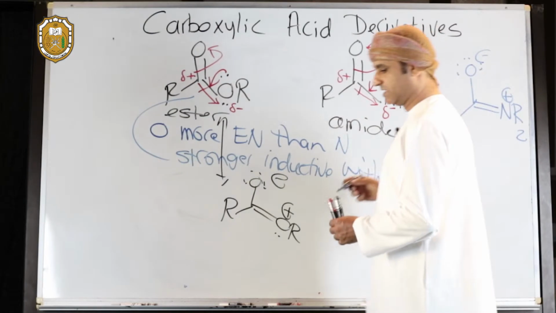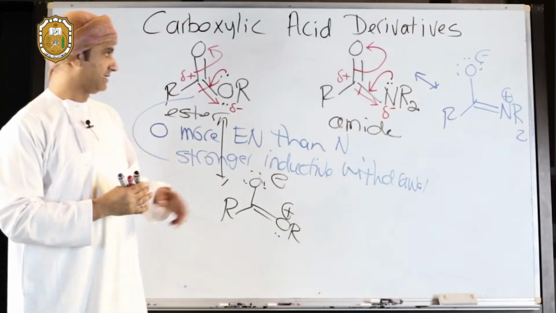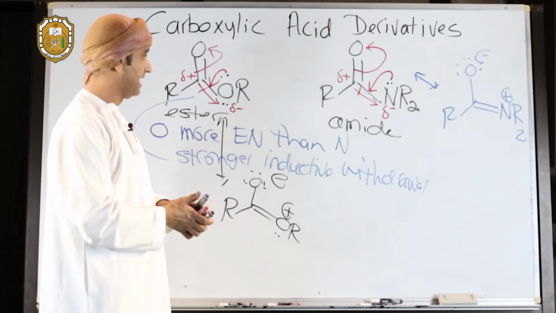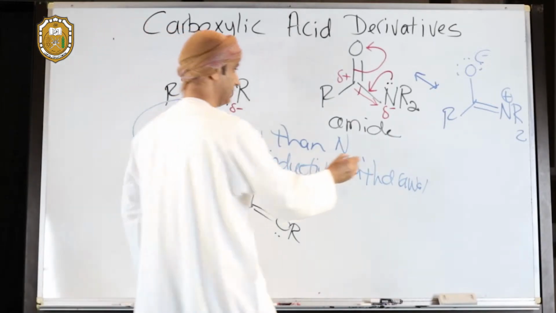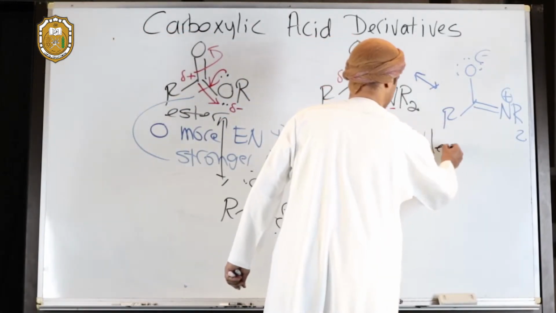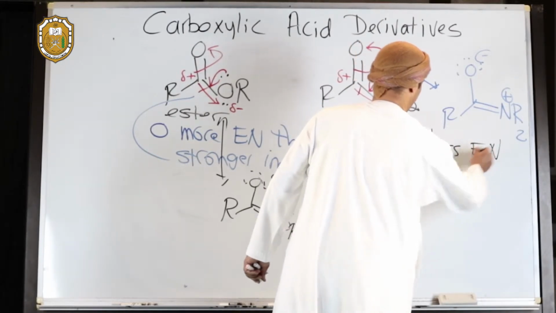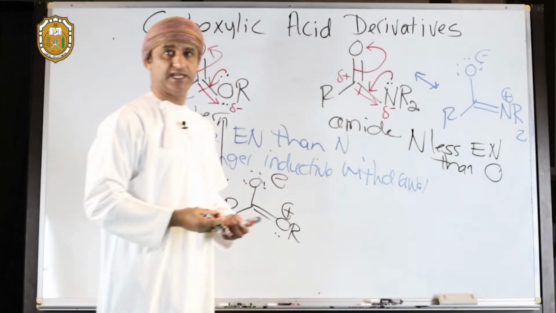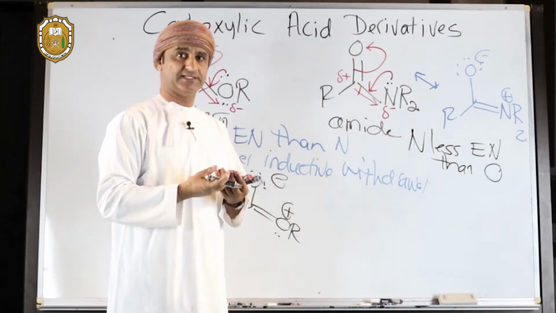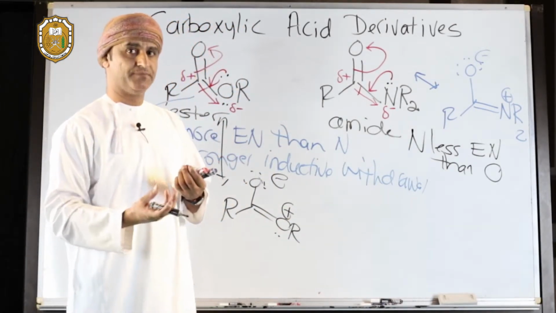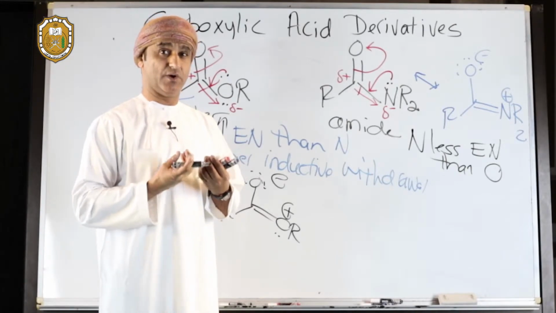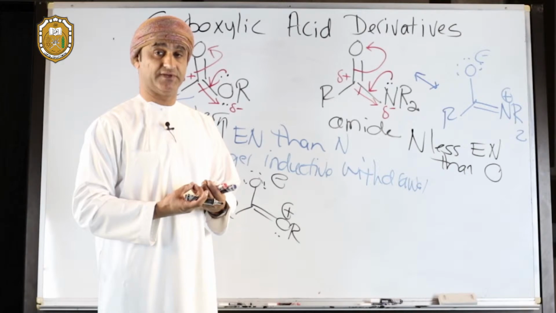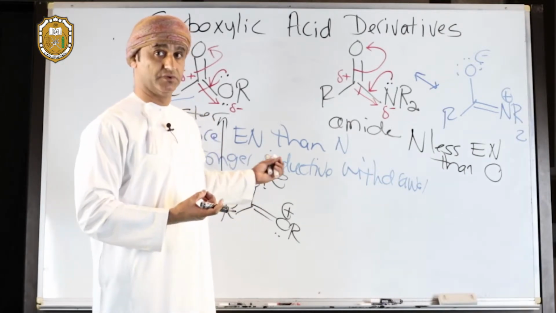So we can do resonance in both, but nitrogen again is less electronegative than oxygen. If it is less electronegative, then it has a weaker ability to withdraw electrons toward itself in a covalent bond relative to oxygen.